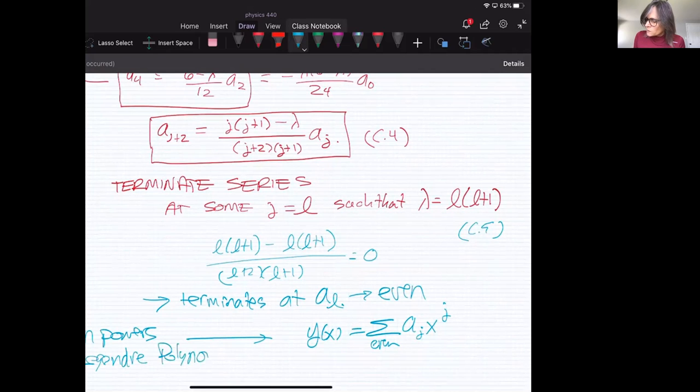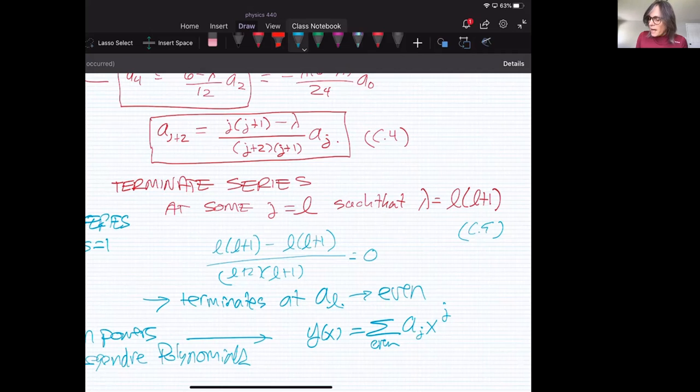If you think back to E and M, the Legendre polynomials, if you have normalized them correctly, first one is 1, the next one is x, the next one is (3x squared minus 1) over 2. So p sub 0 is an even one, p sub 2 is another even one. You get the odd series from choosing the s equals 1 solution and then terminating that.